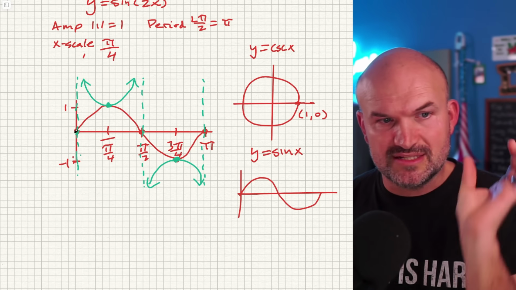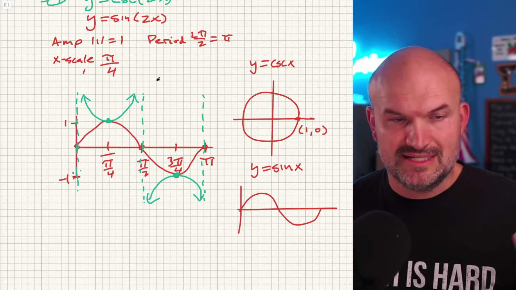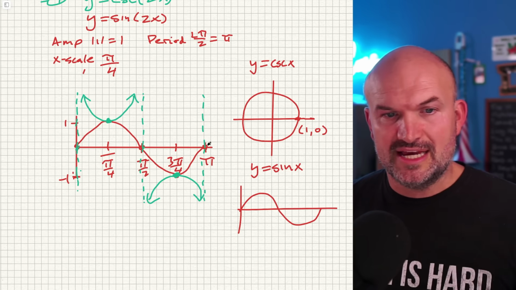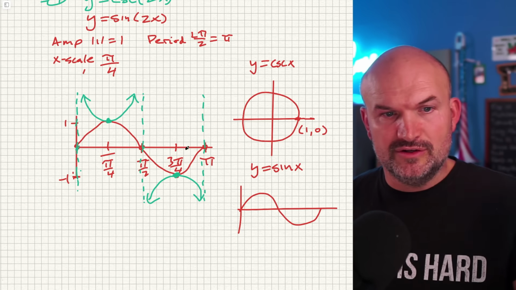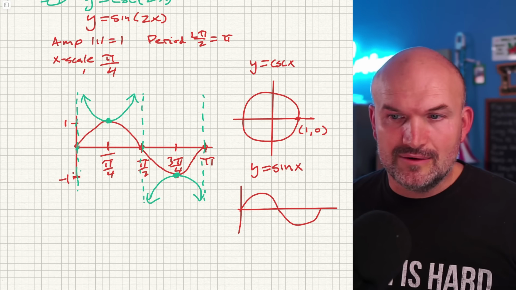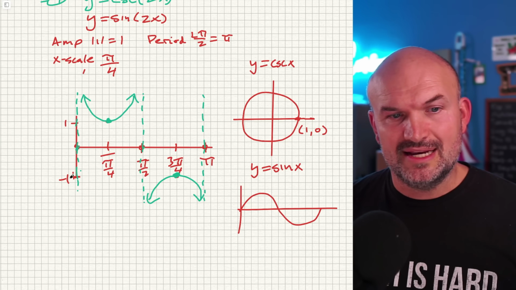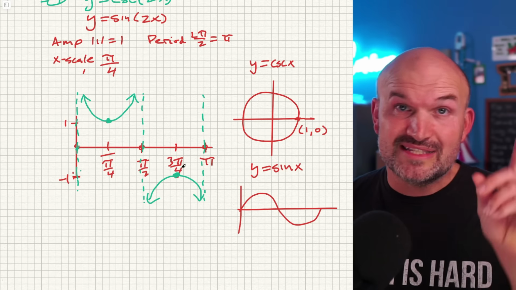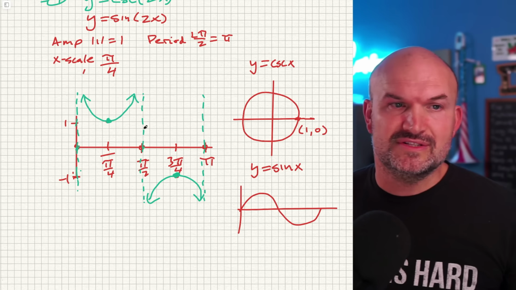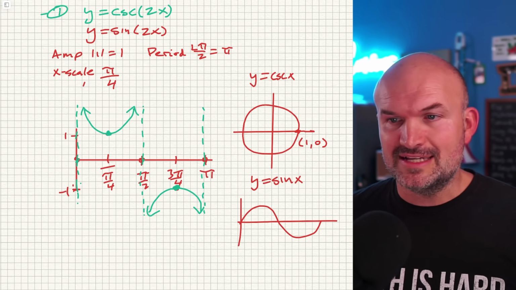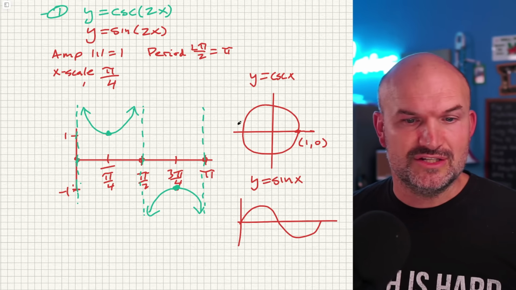Understand where your starting point is, which in this case, there's no transformations, but we'll get to that. But then you can just continue your x scale, adding pi over 4, and then you just continue this pattern. Now, again, we don't want to confuse our teacher and think that we're graphing sine. So I'm simply just going to erase that and say, hey, teacher, there we go. That's 1 period. And then you can obviously add an extra period as the directions ask for.